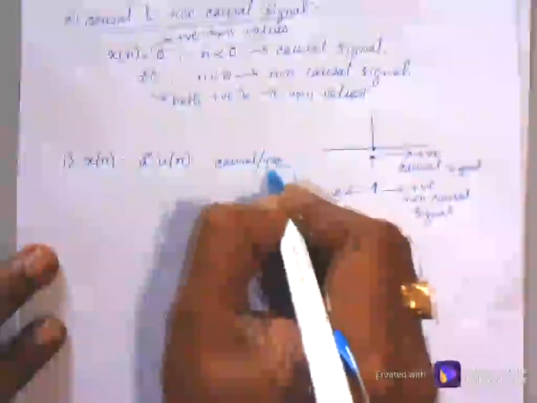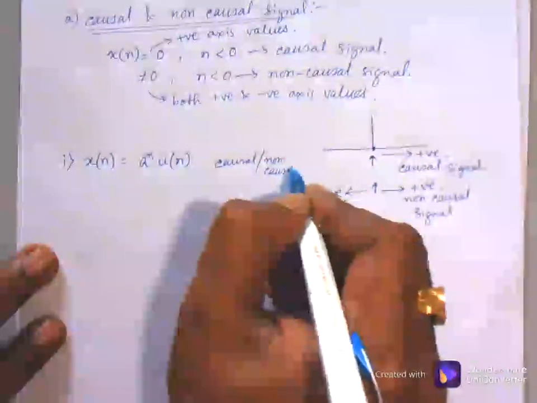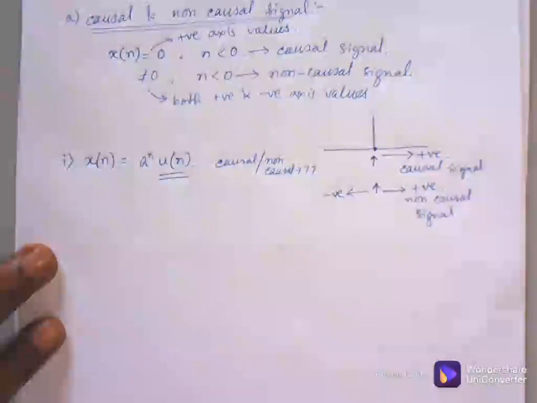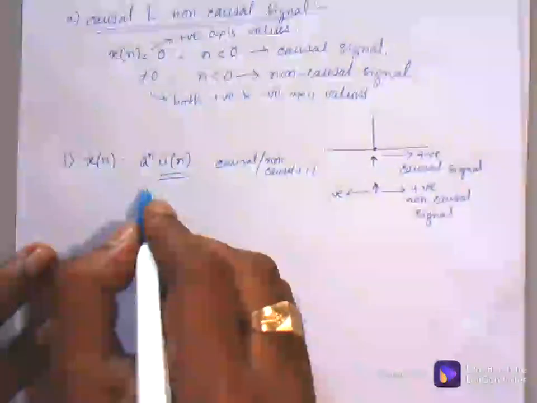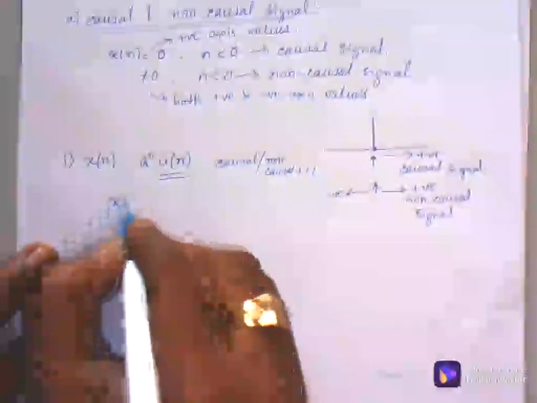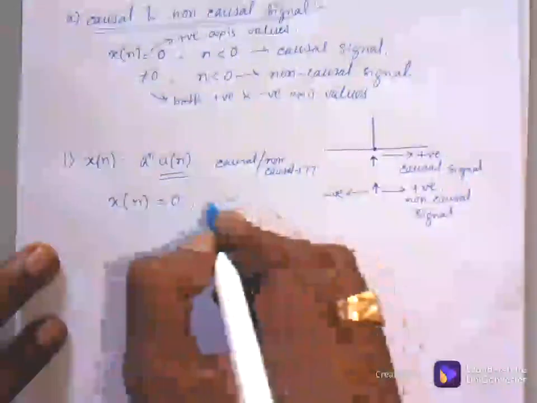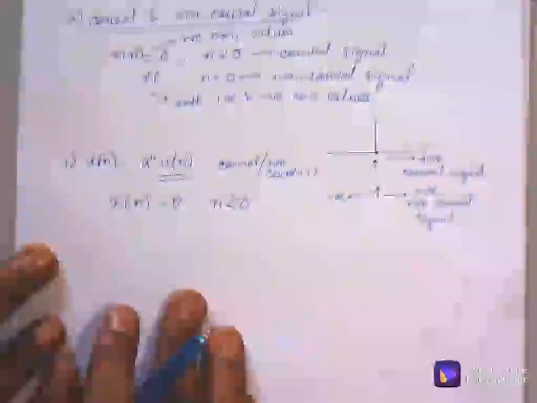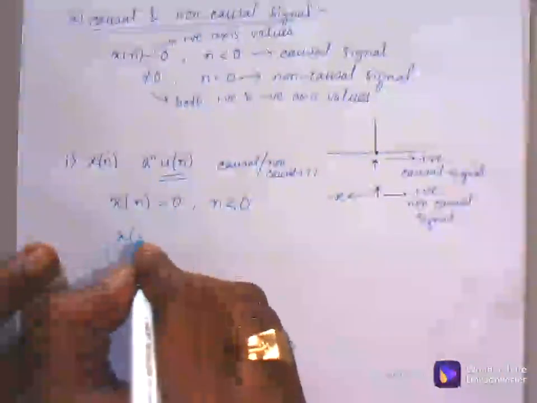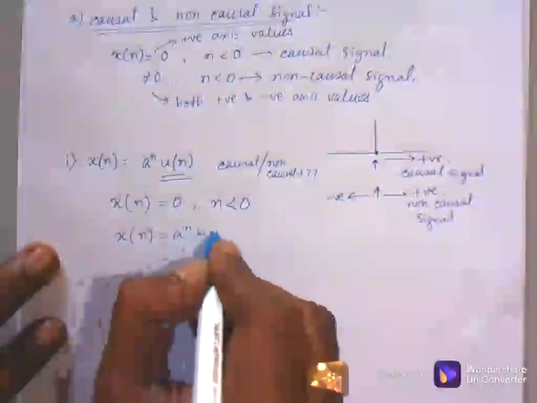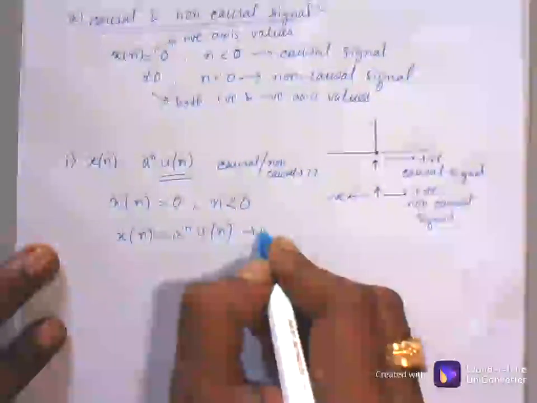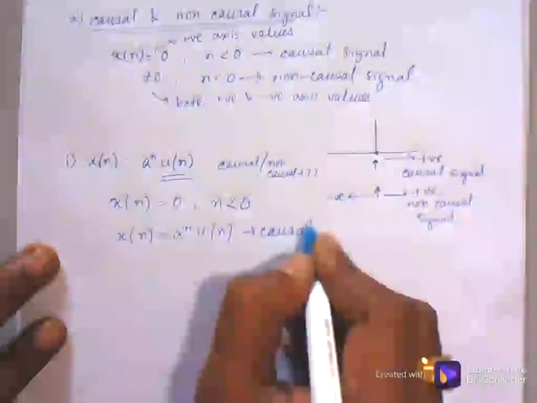As you know, u[n] is totally on the positive axis, so definitely it has value 0 when n is less than 0. So I can say x[n] equal to a to the power n u[n] is a causal signal.